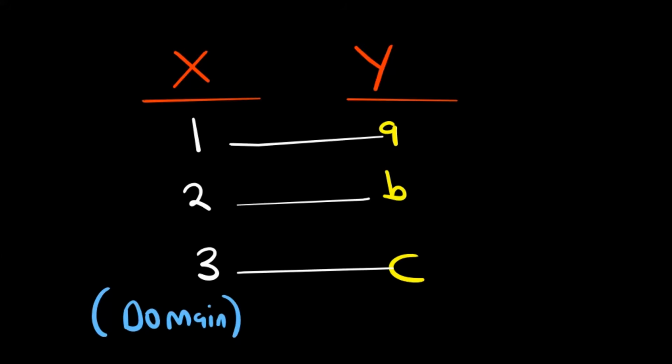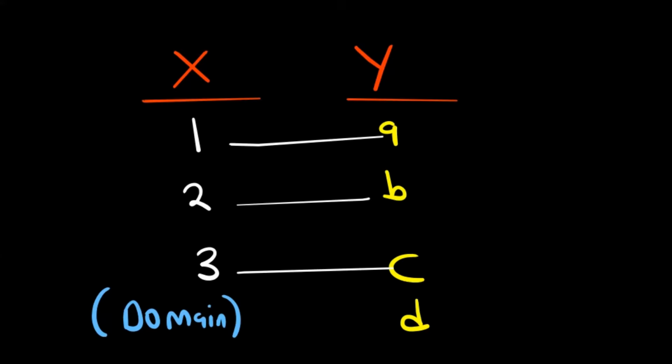But now, let's say we put another value here, let's say d. Is this a function? Of course it's still a function. Why? Because all the x values are mapped to some y value. But now not all the y values are mapped to some x value, because we have a d which is independent there.